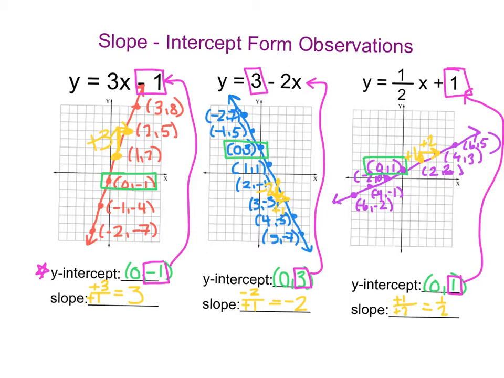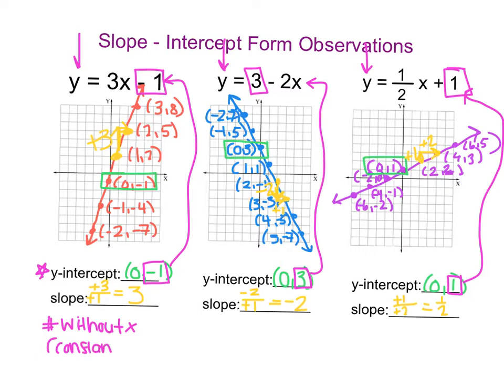So I can see that there is that y-intercept somewhere in this equation if it's written in y equals form. What I'm noticing is that the number without the x is called the constant value.